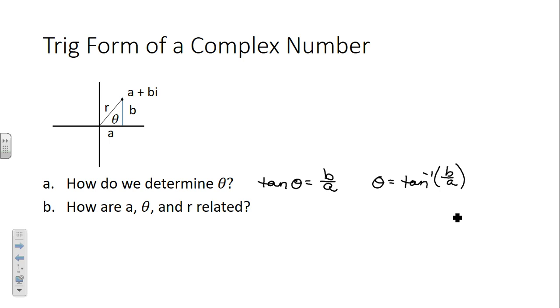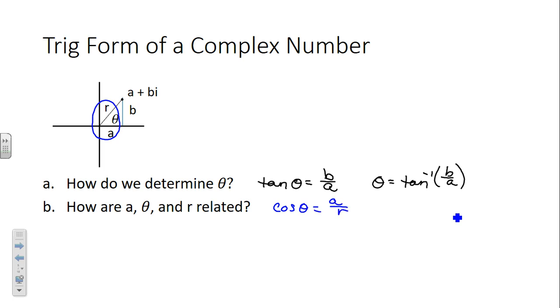How are a, theta, and r related to each other? How are these guys related? Cosine? Adjacent over hypotenuse, right? Cosine of theta equals a over r.